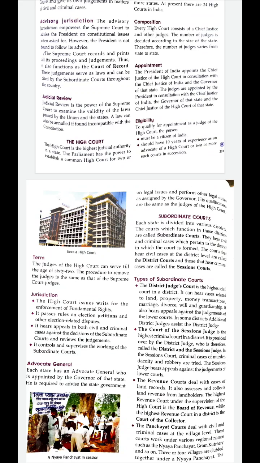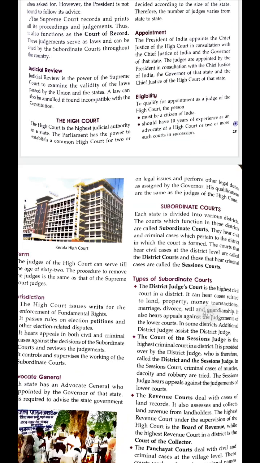Now next comes the eligibility. What are the criteria required to be a judge of the High Court? To be a judge of the High Court, he must be a citizen of India, and secondly, should have 10 years of experience as an advocate of a High Court or two or more such courts in succession. Understood about the eligibility? Now next is the terms.